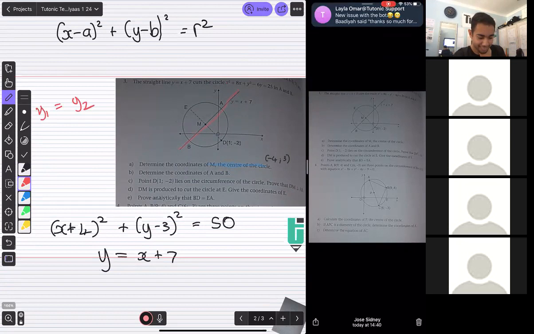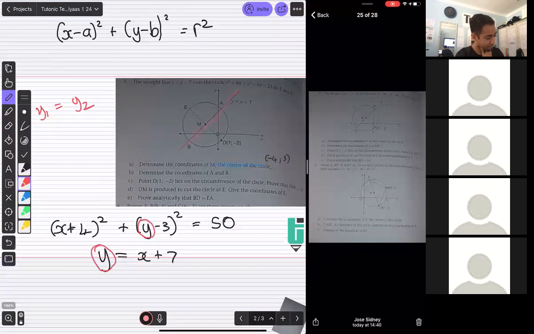So this y over here is equal to this y. So what can you do? You can sub in x plus 7 in place of that.